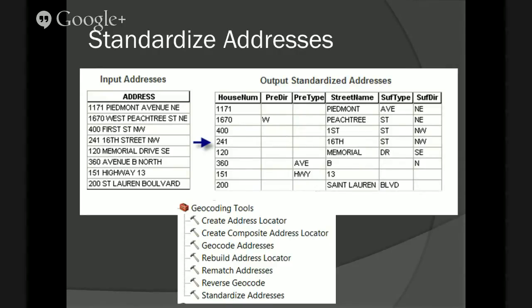Okay, something that's very important in geocoding is that you make sure that you standardize your addresses. So a lot of times when people just record address information, they want to write it all out in one line in a field. And while this is okay, it's not the optimal way to do it. It doesn't produce the best geocoding results.